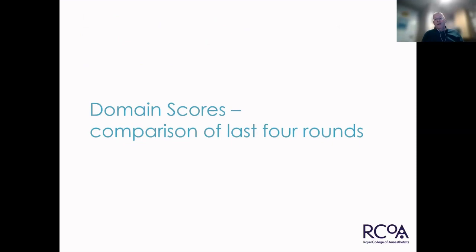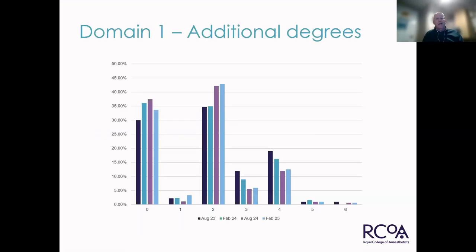So let's look at the individual domain scores, and then I've got some comparisons for the last 4 rounds for that. So that's looking at from August 23-24, and then right up until the recruitment round that starts in February, where people will commence working in February 25.